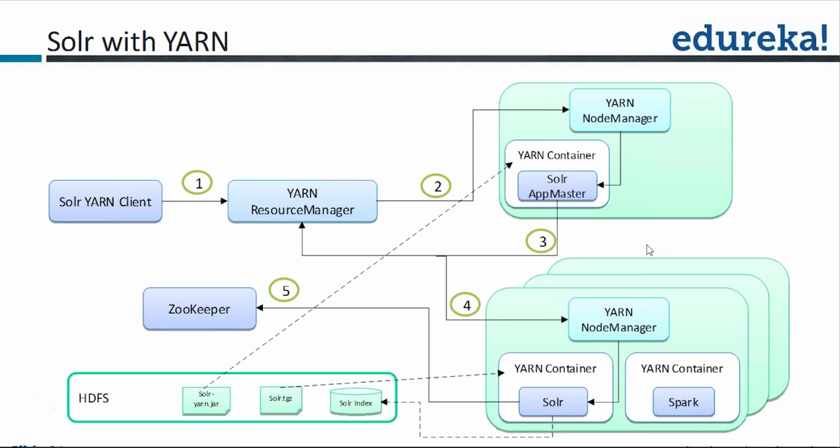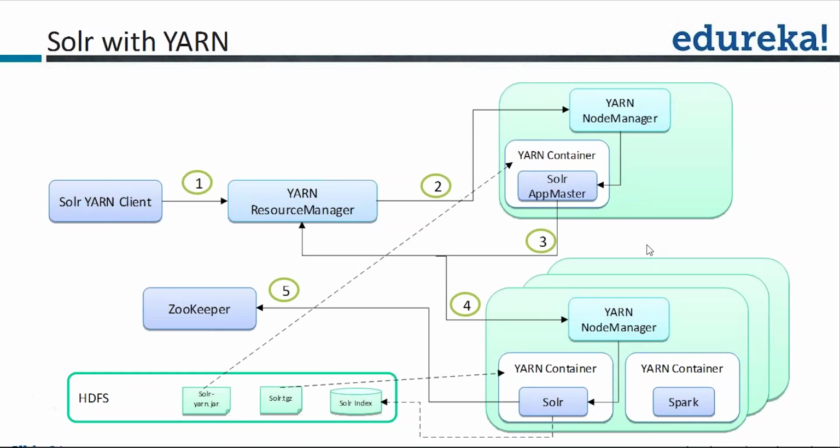So you want three processes to be running in parallel. You want the data to be ingested in parallel, you want the data to be stored in HDFS, and you want the data to be easily searchable as well. You have data ingested through Spark, data coming in and stored in HDFS, and data served as search requests through Solr. So three different processes are running. To support this multi-purpose data processing platform, we have something called YARN.